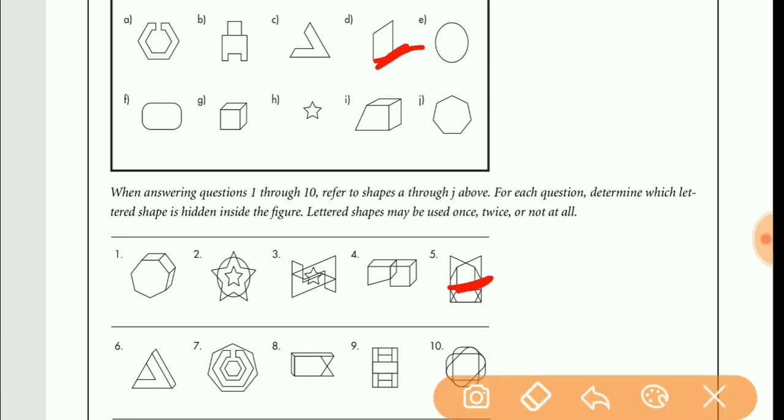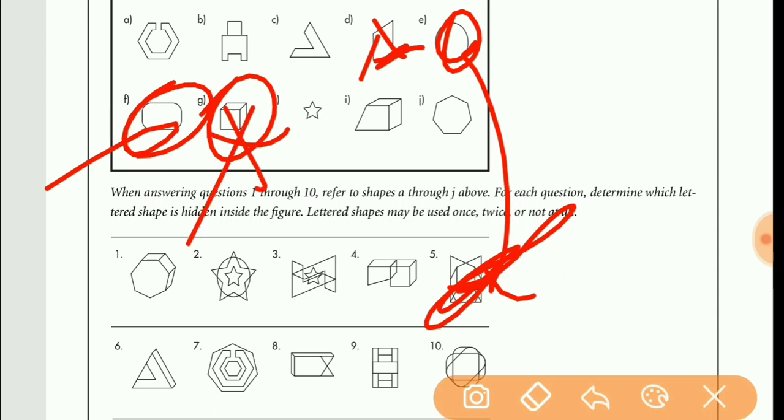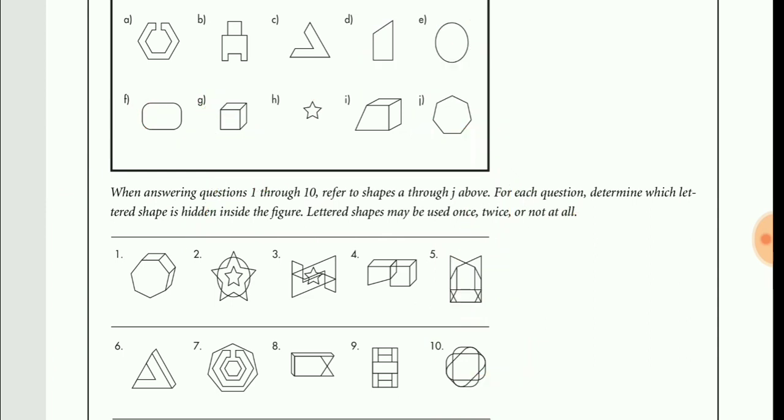The length is too big, so this figure is not embedded in this figure, because simply by seeing it we can say that this figure will not be embedded in it. Now check this figure. This figure is also not embedded. When we check, there is no cube in this figure, so this figure will not be embedded. And the heptagon is also not embedded.